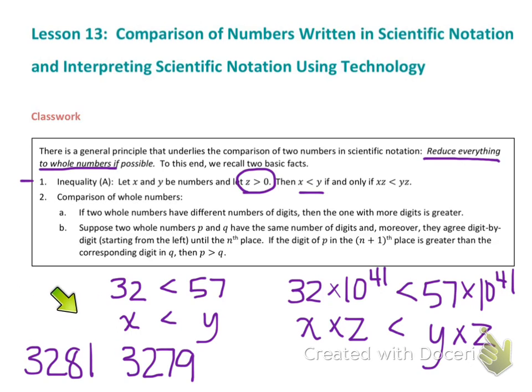So then I have to go to the next largest place value. They both have a 2. And then I compare here, an 8 and a 7. Here I see the 8 is greater than the 7, so I know that this number is greater than that number. That's just a basic principle of comparing whole numbers. Okay, so we're going to use some of that as we talk about comparing these numbers in scientific notation.